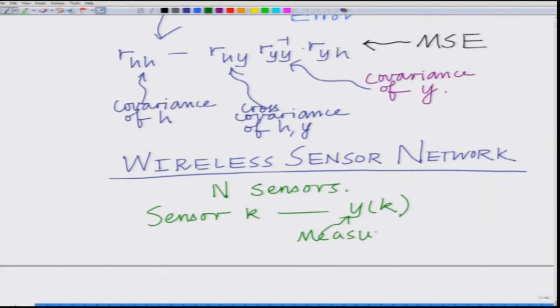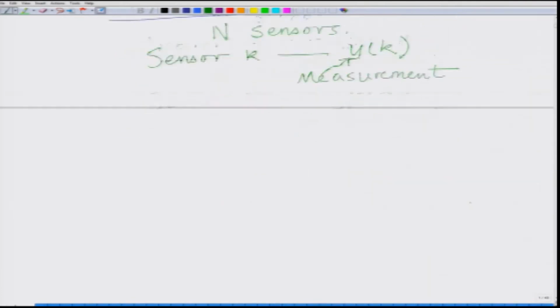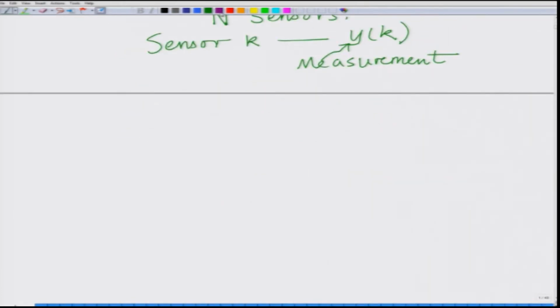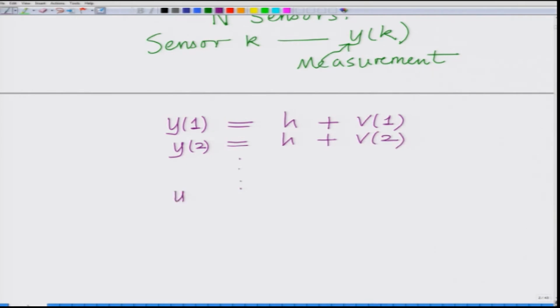And what we have is n such measurements. Therefore, we have y 1 equals h plus v 1, y 2 equals h plus v 2, and so on, y n equals h plus v n.